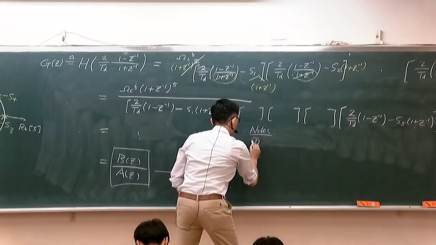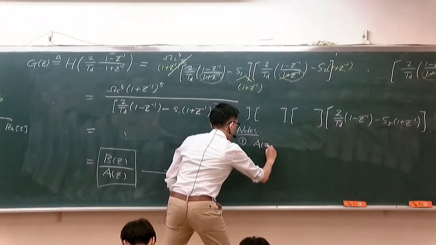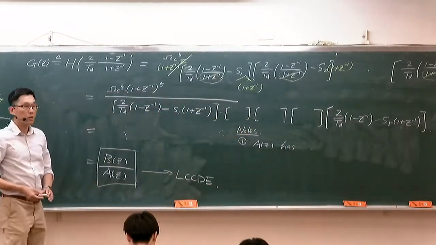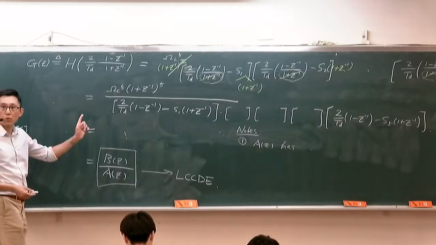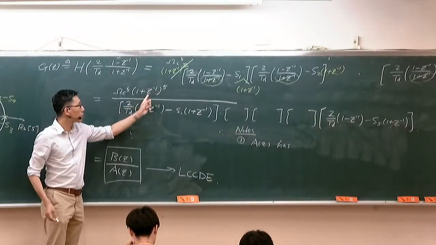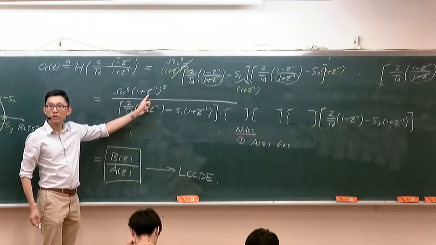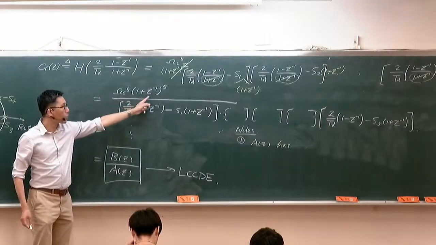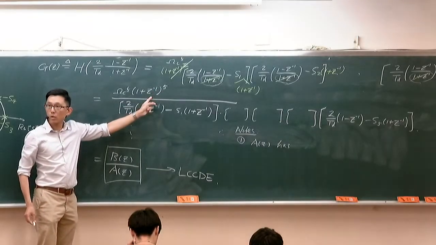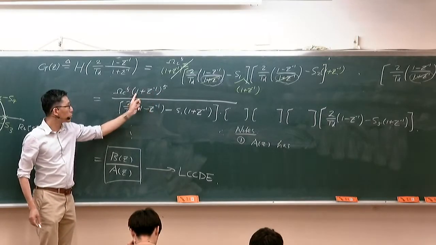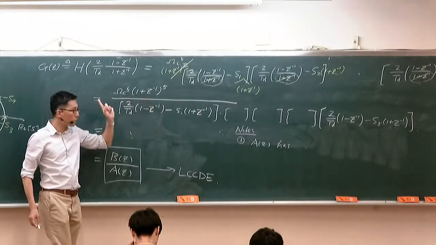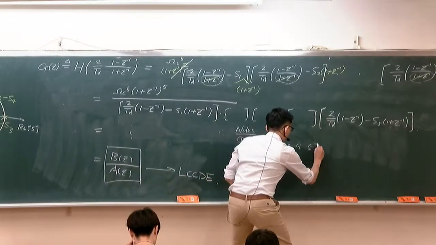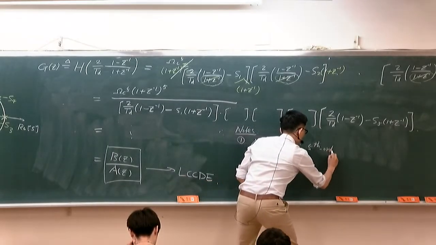The first note is that B of z has a multiple root, a fifth order multiple root at z equals to -1.